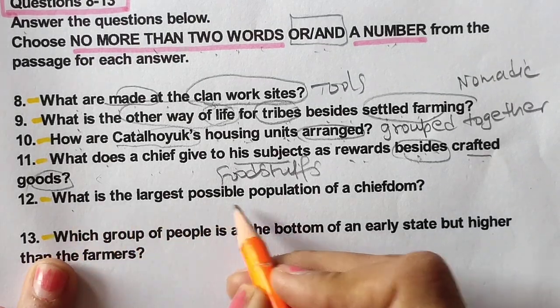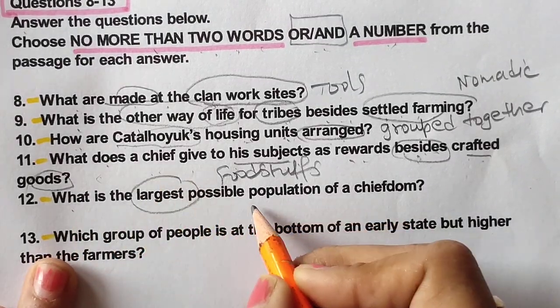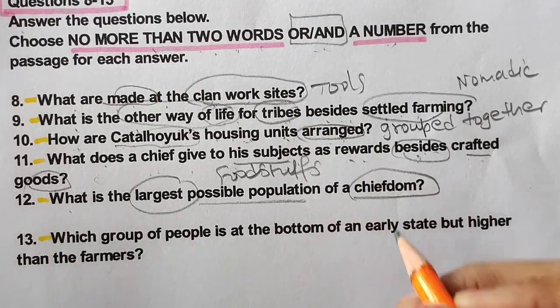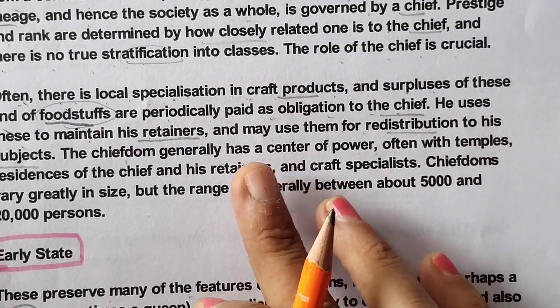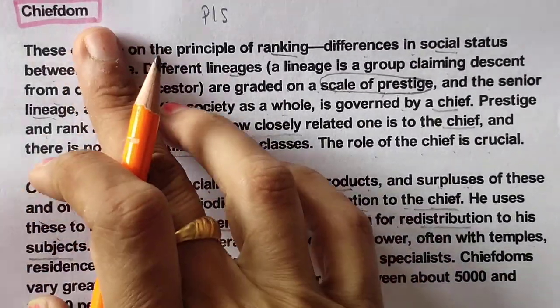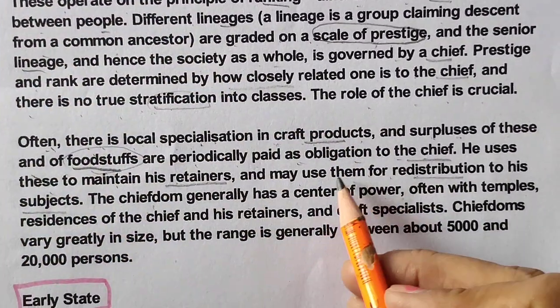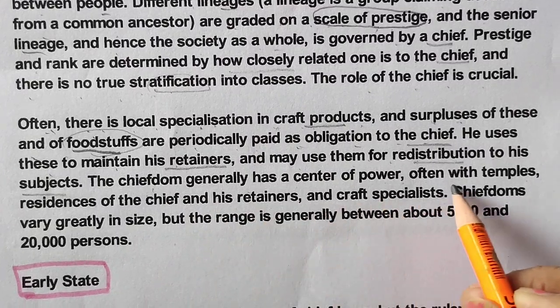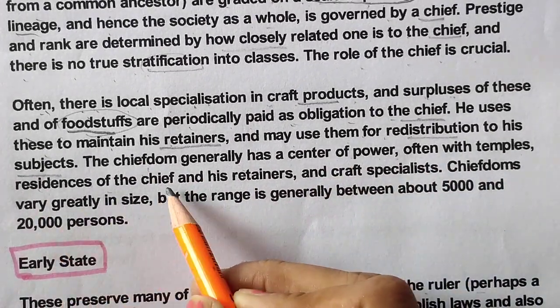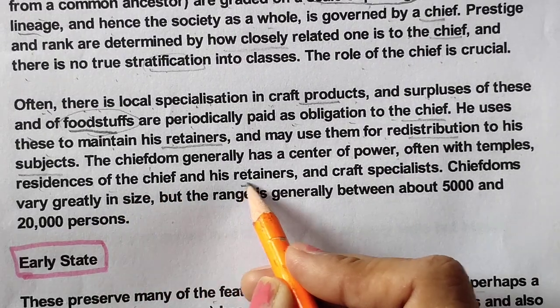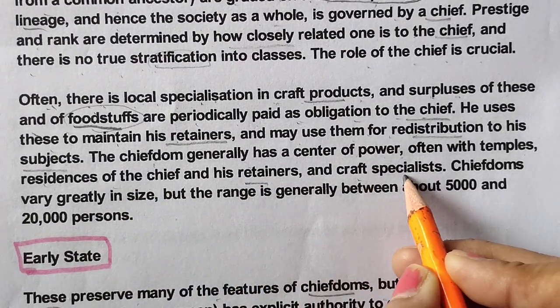What is the largest possible population of a chiefdom? The chiefdom paragraph is here, and we are still doing chiefdom. So let's read it. Chiefdom generally has a center of power, often with temples, residences of the chief and his retainers, and craft specialists.